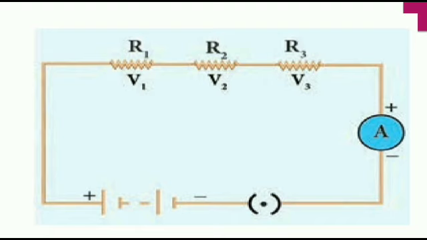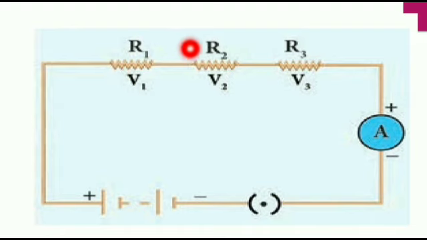Okay, students, now if the cell potential is applied across the resistors R1, R2, what will happen? Some voltage drops across each resistor. That voltage is V. Here V1 is the voltage drop across which resistor? R1 resistor.